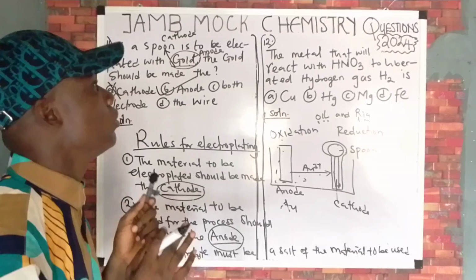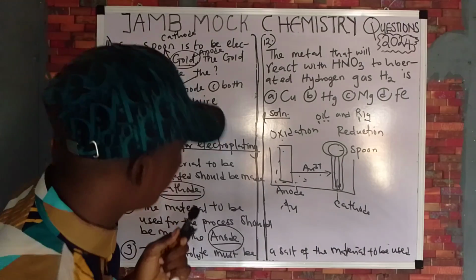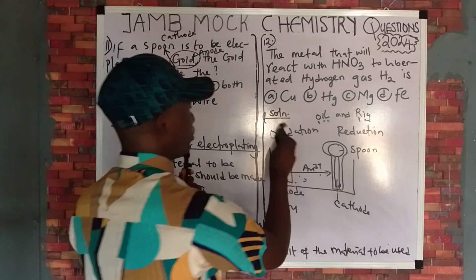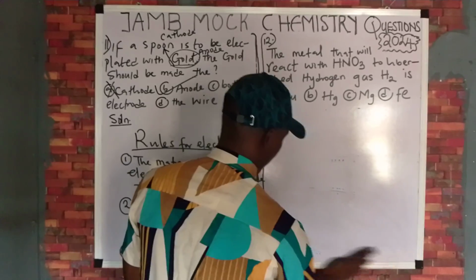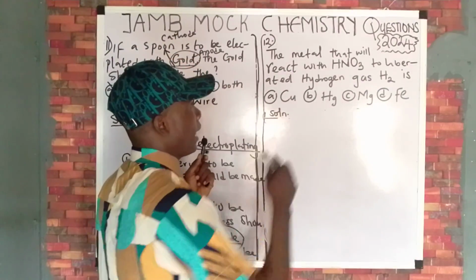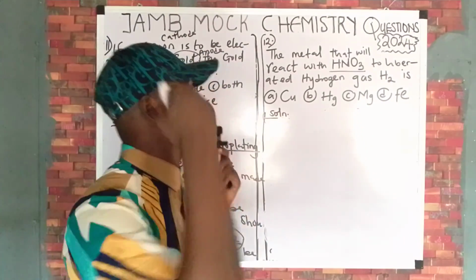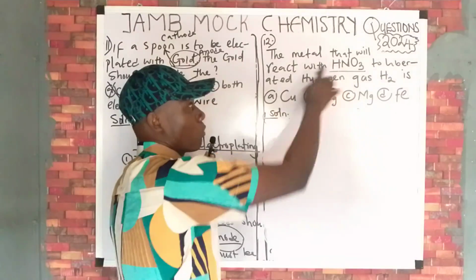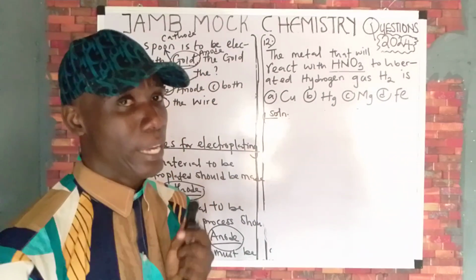The metal that will react with HNO3 to liberate hydrogen gas is what? Now, if a metal is to react with an acid, the metal must be more reactive than hydrogen, because the reaction occurring here is a displacement reaction.